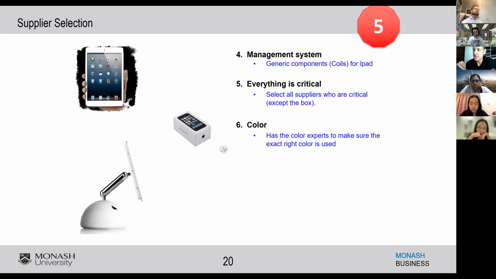Critical. What about the buttons? Critical. Is there anything that's not critical? And he said, the only less critical thing is the packaging. Everything else, in our view at Apple, in the whole product that we make, that iPhone is critical. There's no non-critical and critical components. Everything is critical.